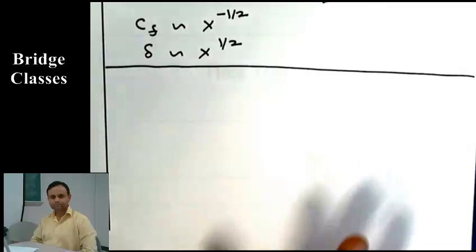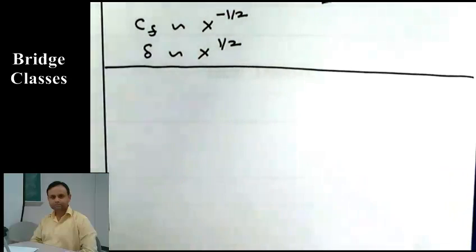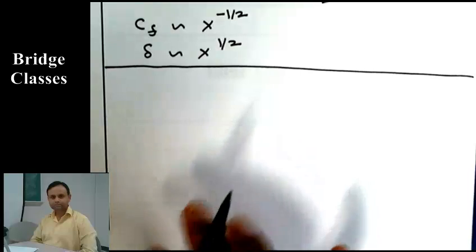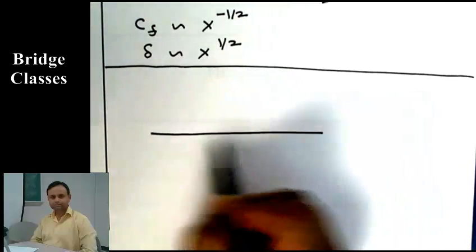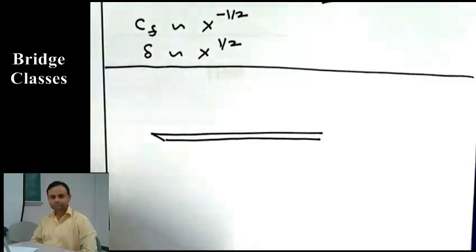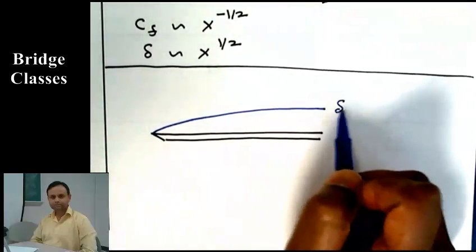Now we will focus on the energy equation. For the energy equation also we can do the similar thing that we did with the velocity profile. Let me draw that. So this flat plate, and now this represents the thermal boundary layer.